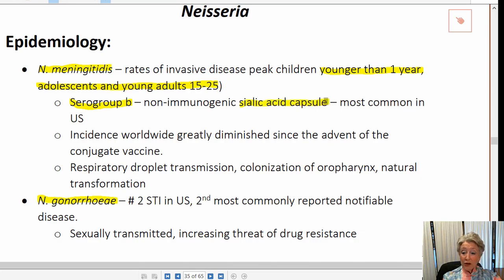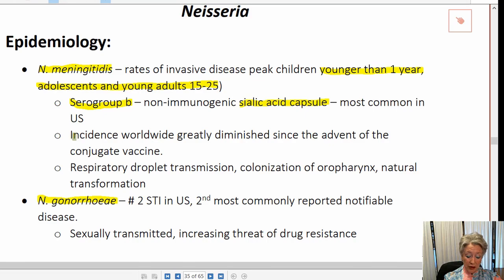So that one is not protected against by the conjugate vaccine. It is indeed protected against by the new vaccine, which uses outer membrane proteins. But the conjugate vaccine that takes the capsular polysaccharides of A and C and W and Y is only for those groups and not for B.